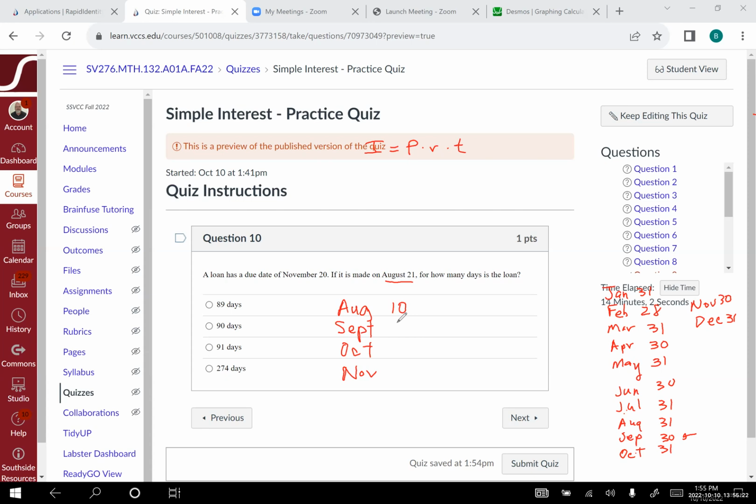And then how about September? I think September is 30 days. Very good. October, that's 31. And then November 20th, so that would be 20 days for November, right? There you go. Add them up and see what we get.